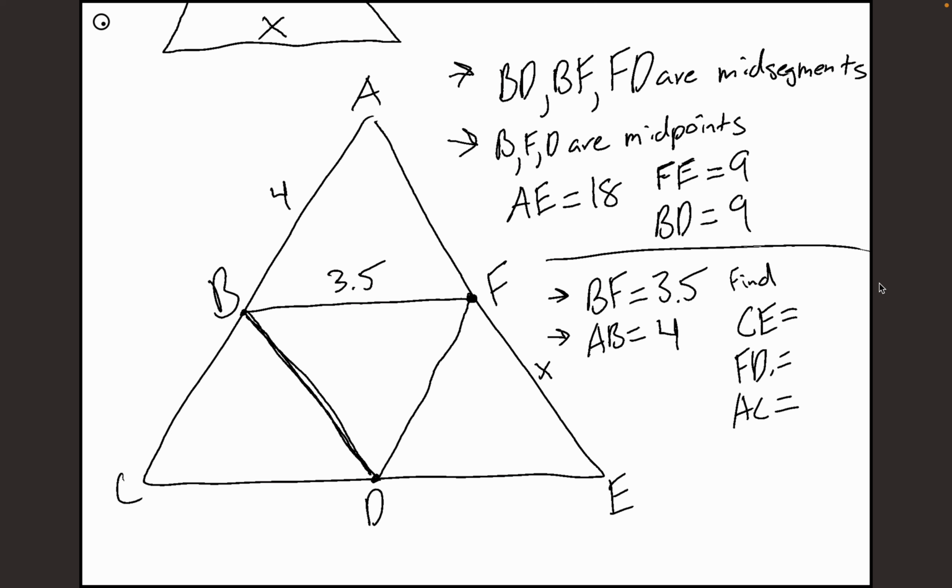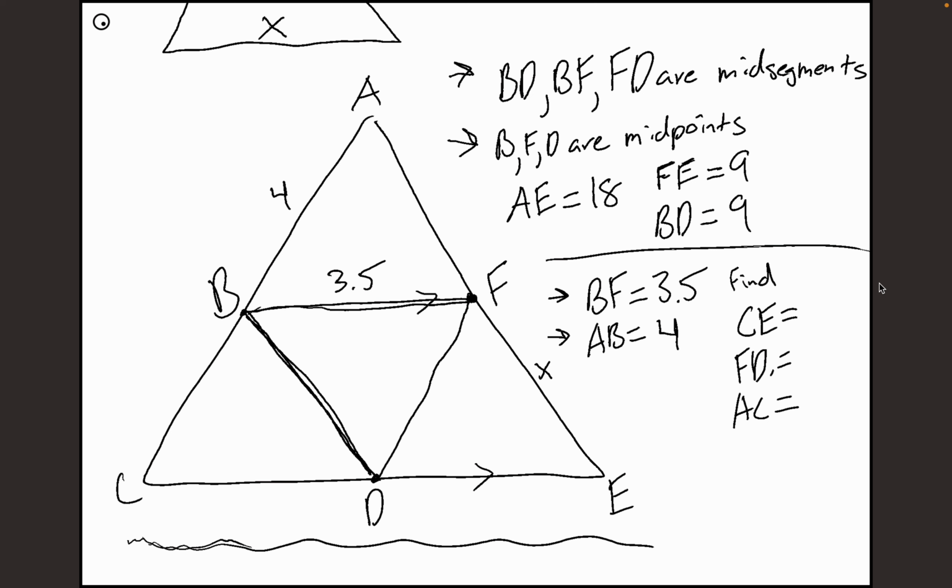So don't let the multiple mid segments hurt you. When I say let's look at the first one, CE, that's going to be this whole value down here. Do we know the value of the mid segment? We do. The mid segment's BF, because these are parallel to each other.